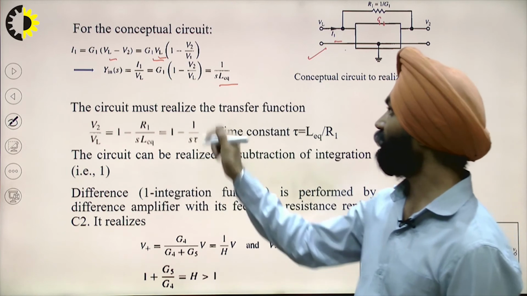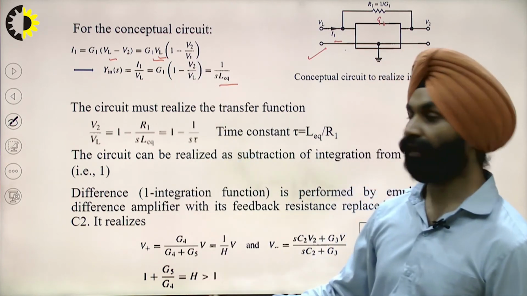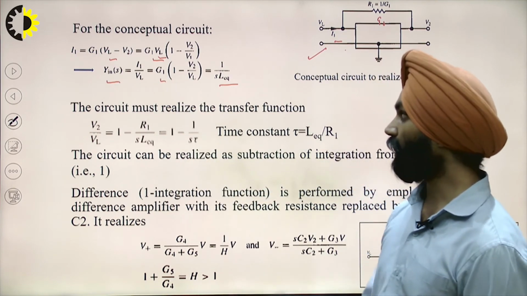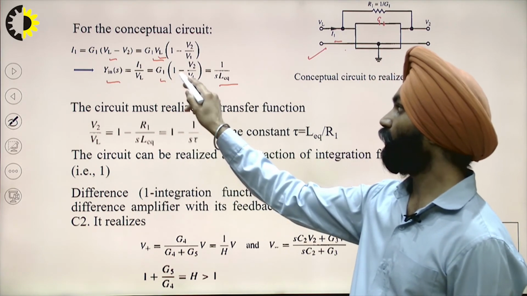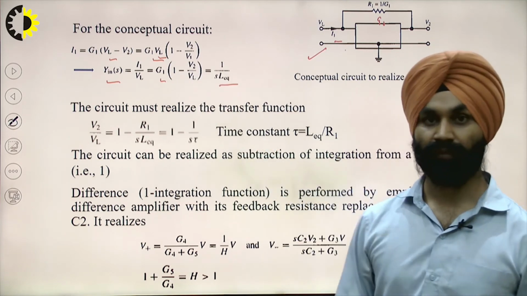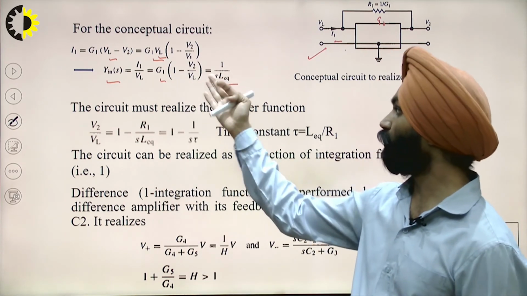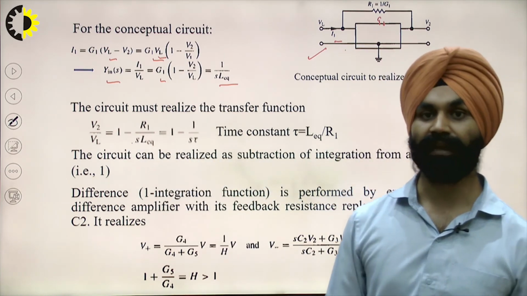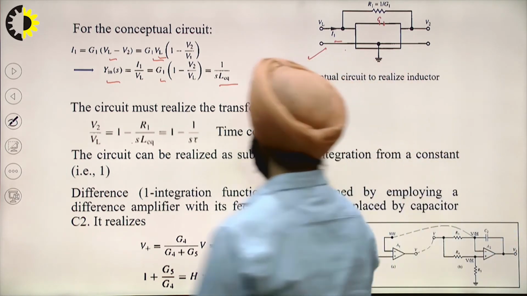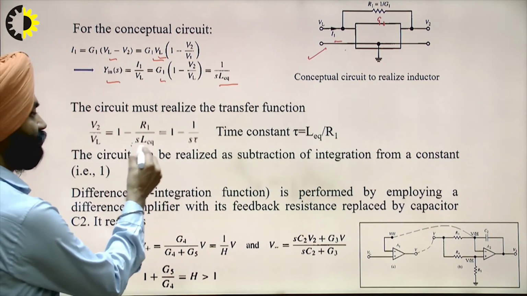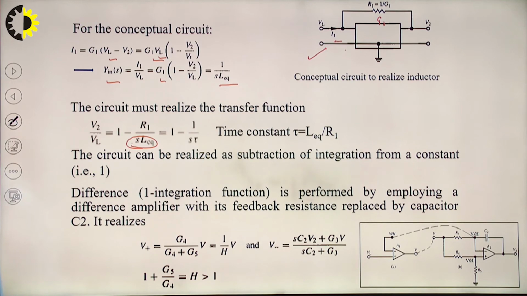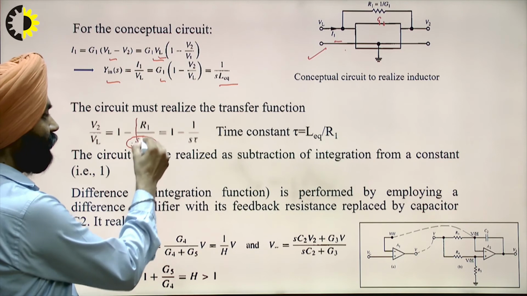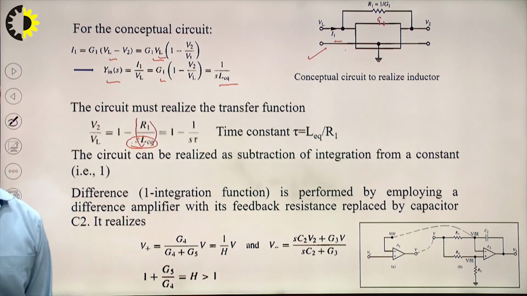Now we have seen that V2 by V1 can be taken from here as G1, or 1 by R1, into 1 plus V2 by V1. From here, if you take V2 by V1, it will be 1 minus R1 by S L equivalent.